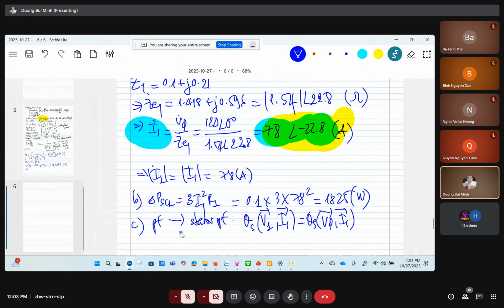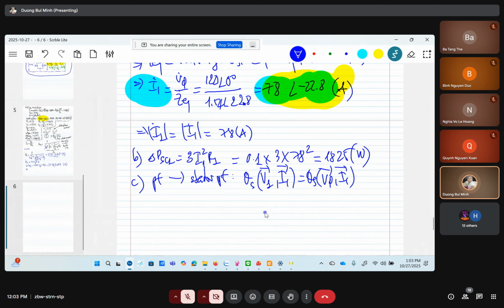You know I1 is here and V phase is 0. So theta S is 22.8, and cosine 22.8 gives 0.91921.